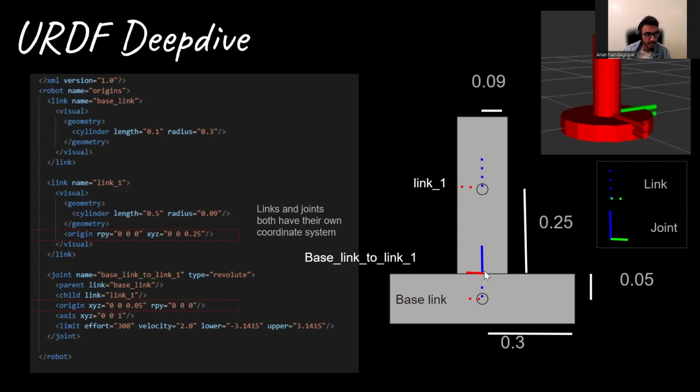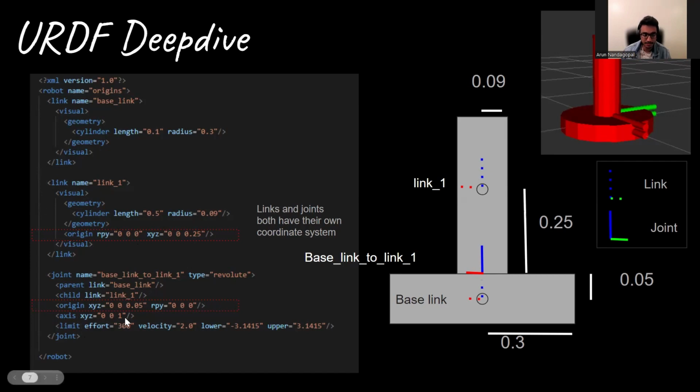For the second joint, for this link one, we define the link one with respect to the joint which it's connected to. So if you see here, the joint has several tags. The first two tags represent which is the parent link and which is the child link. The parent link being here the base link, and the child link being here the link one. And another two tags which you can see here are the axis.